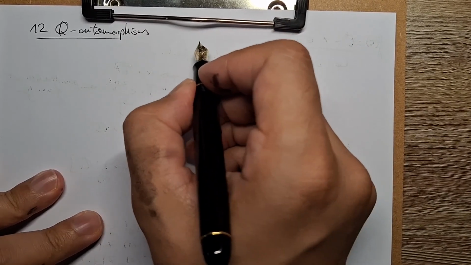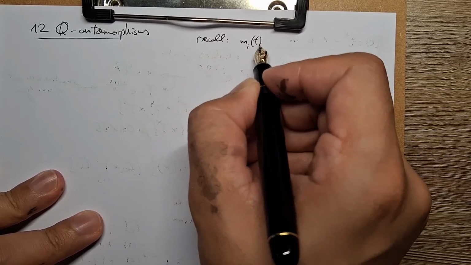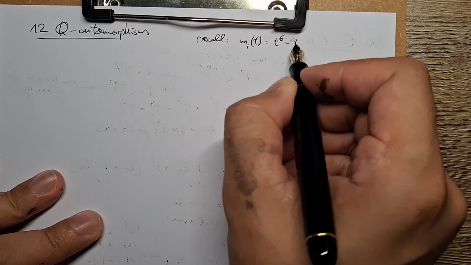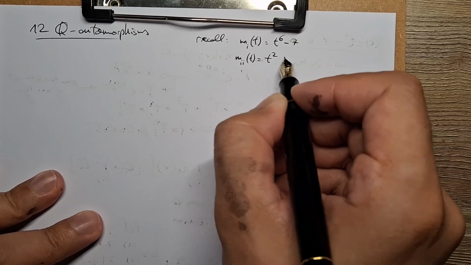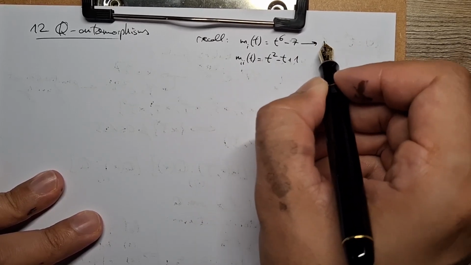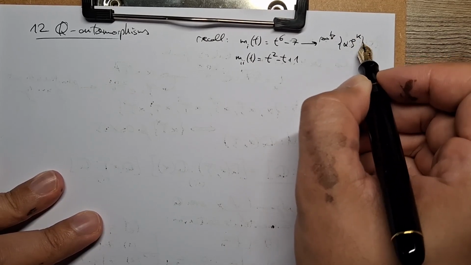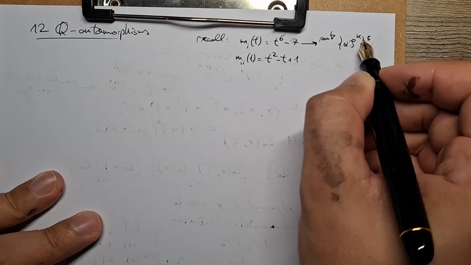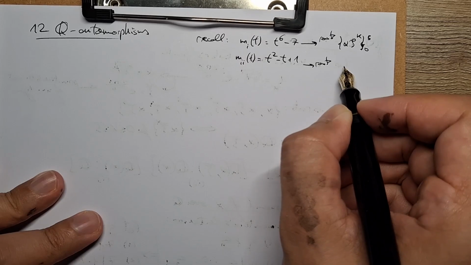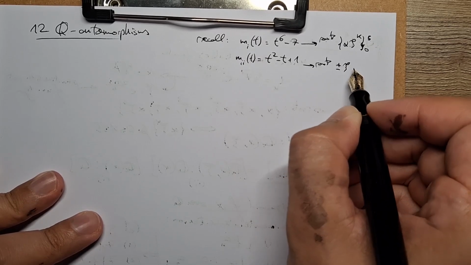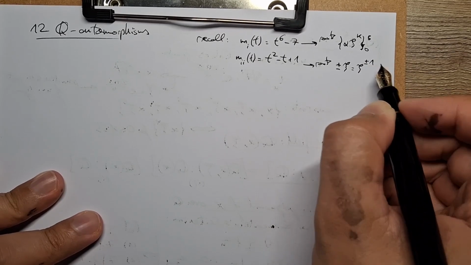Just a recall, the first minimal polynomial that we found was t to the 6 minus 7, and the second one is t to the 2 minus t plus 1. Here the roots are alpha theta to the k from 0 to 5, and here the roots are plus minus theta, which is the same as saying theta to the power of plus minus 1.